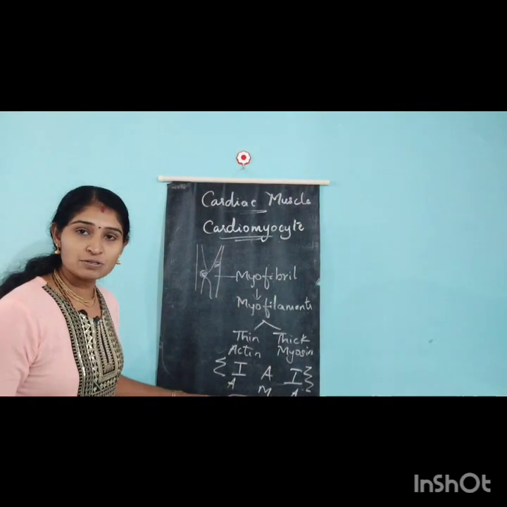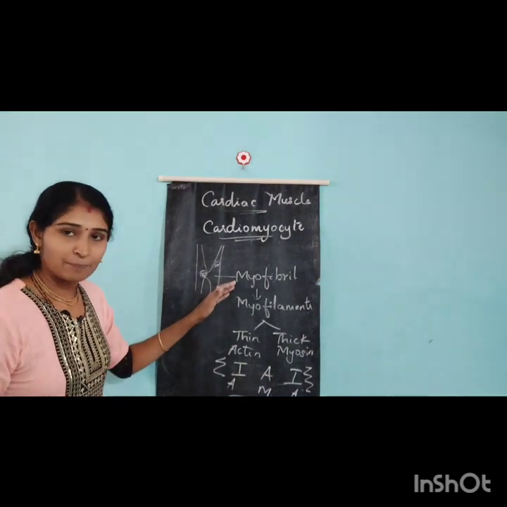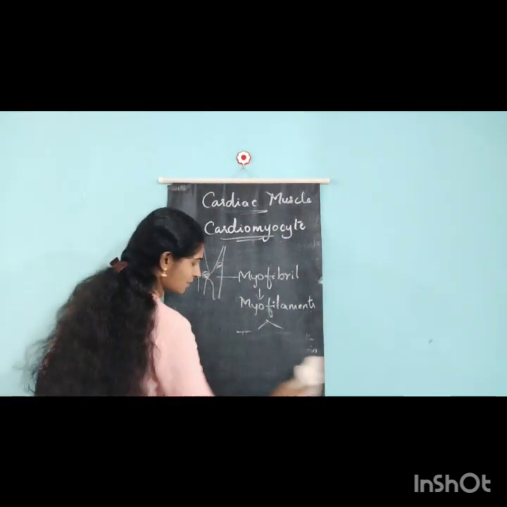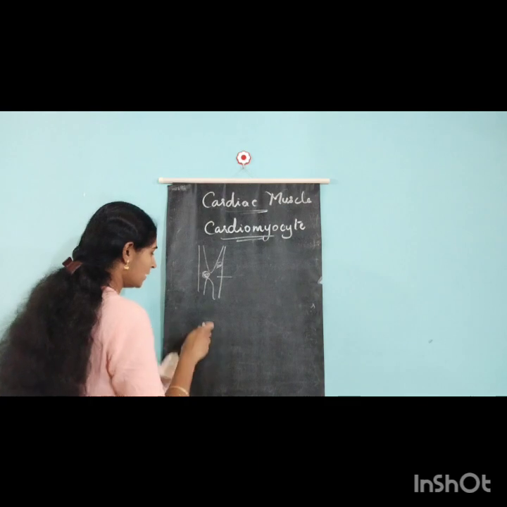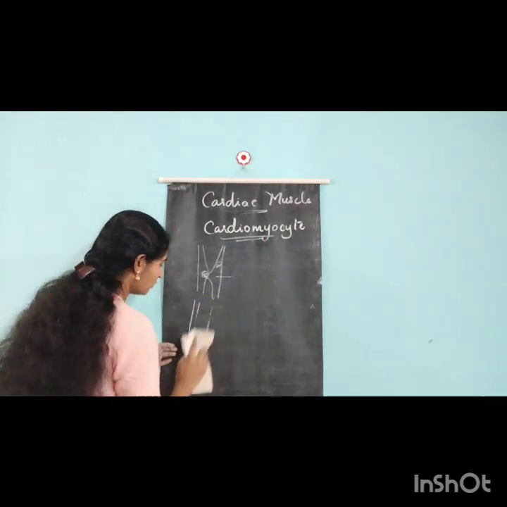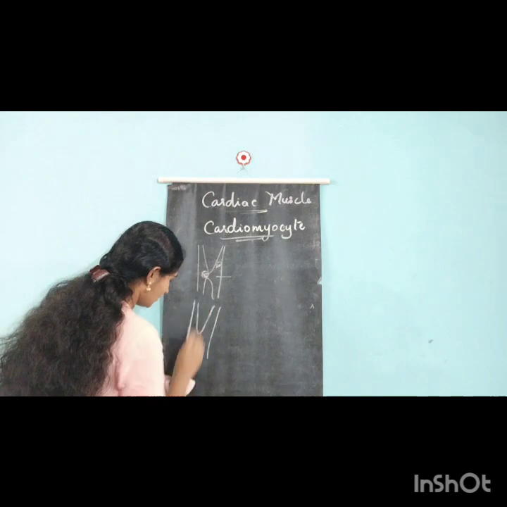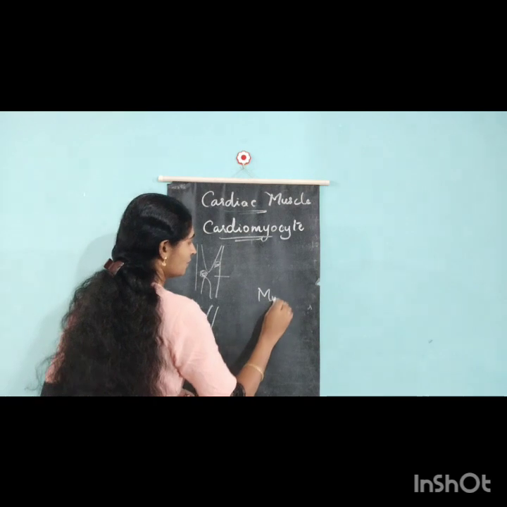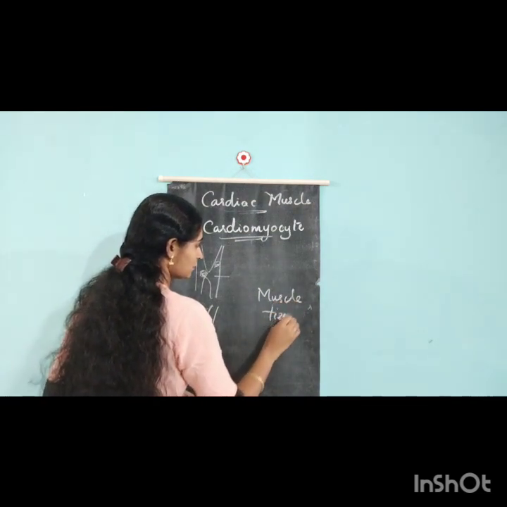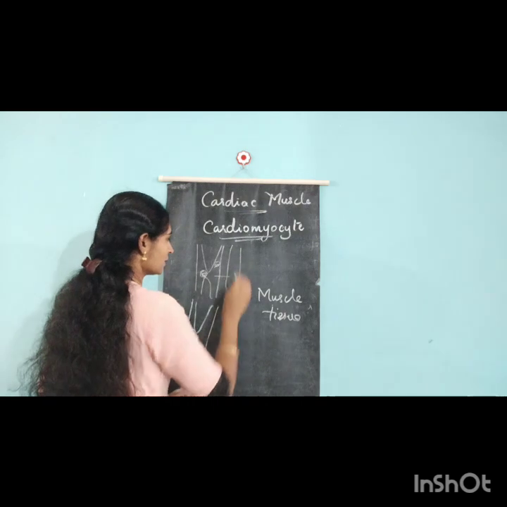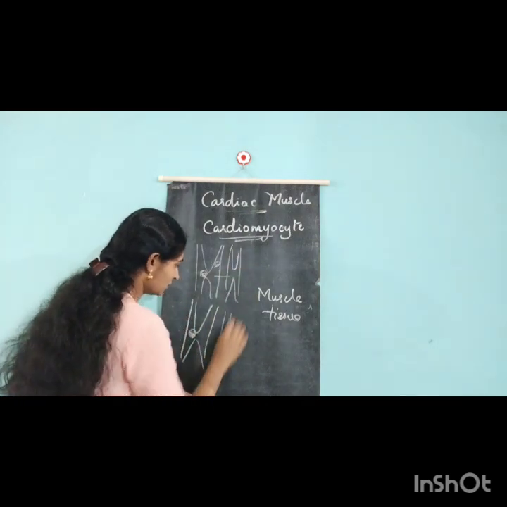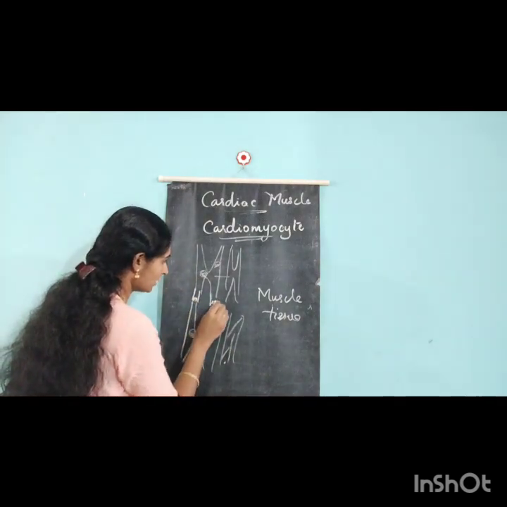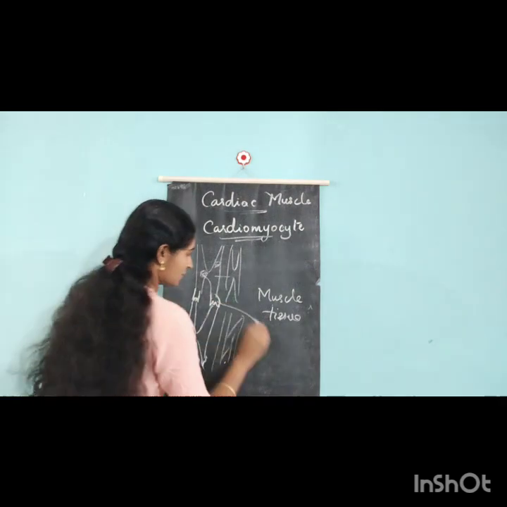So many sarcomeres together form the myofibril, and many myofibrils are present in one cell. So many cardiomyocytes are going to combine together or attach together to form a muscle tissue, cardiac muscle tissue. That means many cardiomyocytes are attached to each other through a disc called intercalated disc.